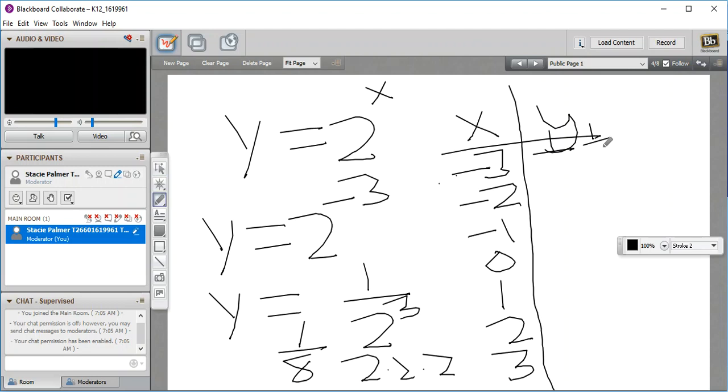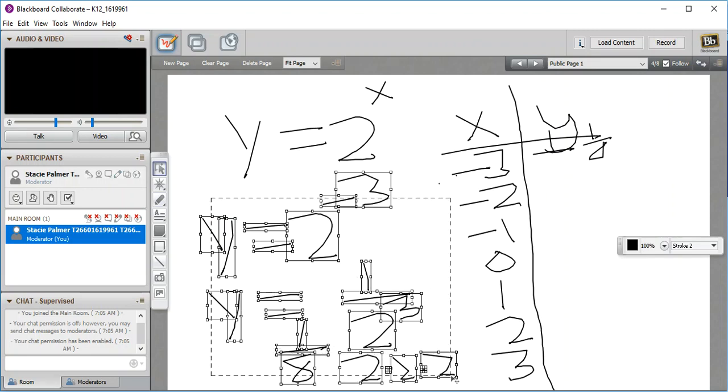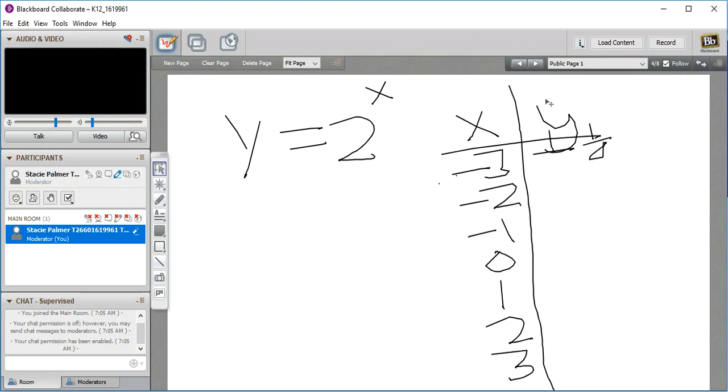So 1/8. Okay, for the next one, I'm going to go ahead and clear some more space here. We're just going to continue to create our table of values. So if we let the x be -2, our y is going to be equal to 2 to the -2.